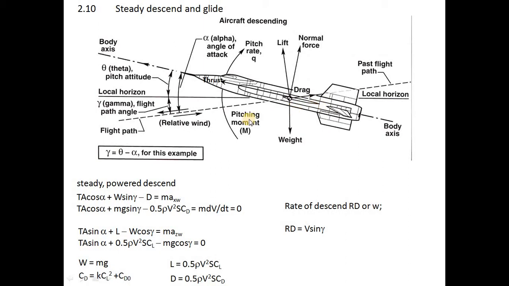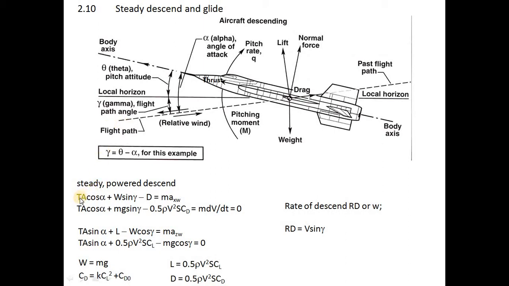So for steady powered descent, based on this free body diagram, we come up with the equations of motion. The first one is in the direction of the x-axis of the wind.